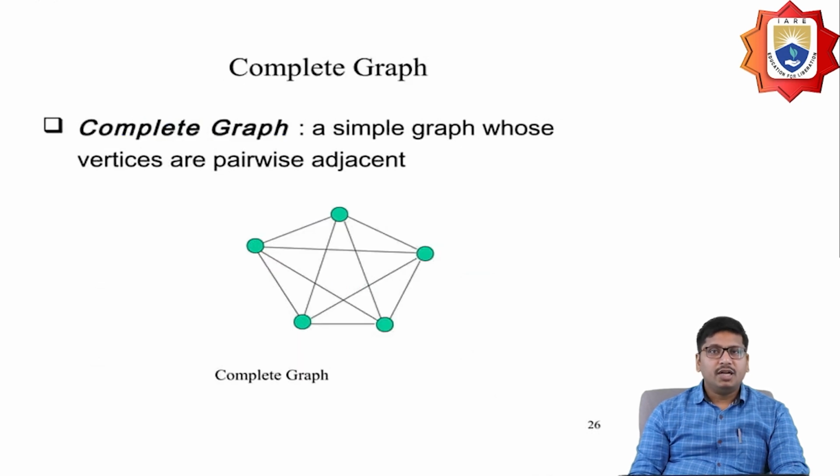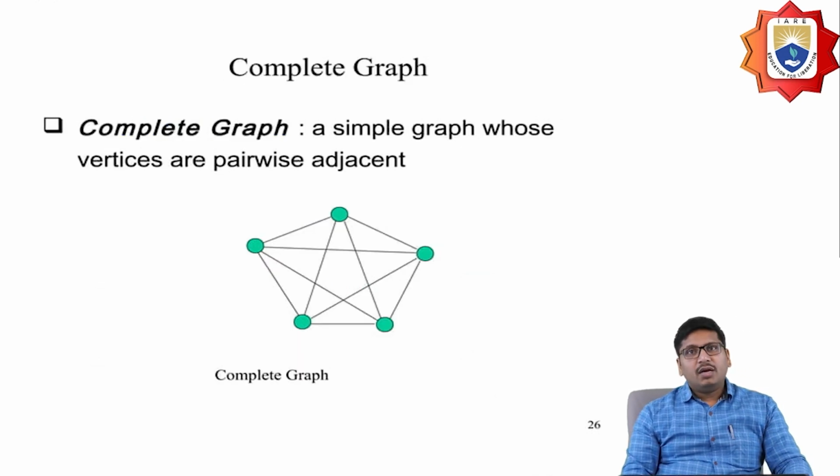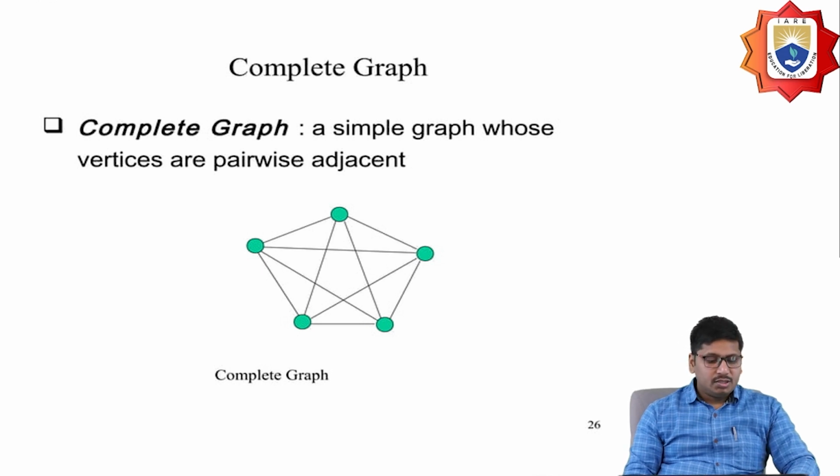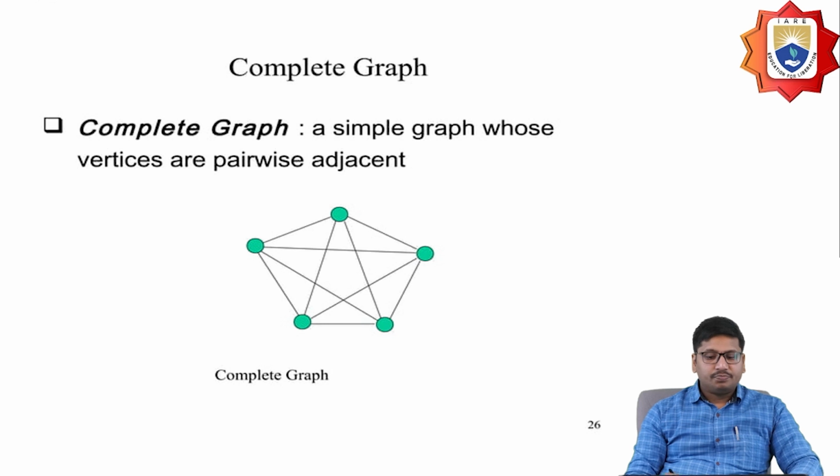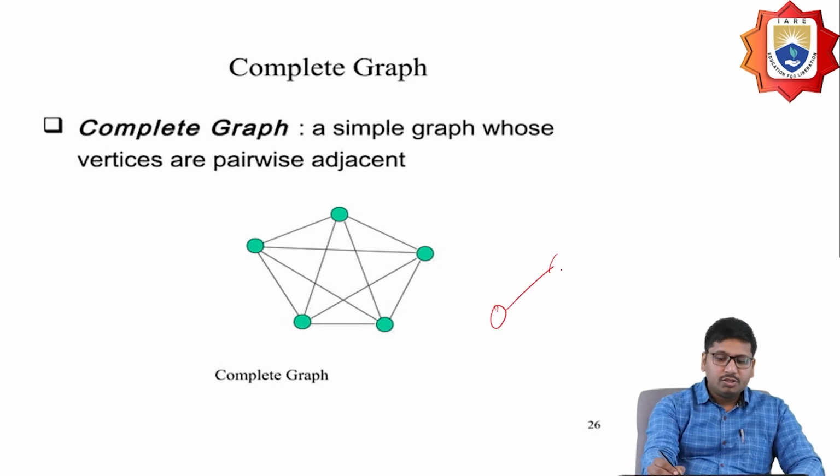And what is the complete graph here? A simple graph whose vertices are pairwise adjacent is called a complete graph. Suppose I consider a graph like this, then for every pair of vertices there exists an edge connecting them.